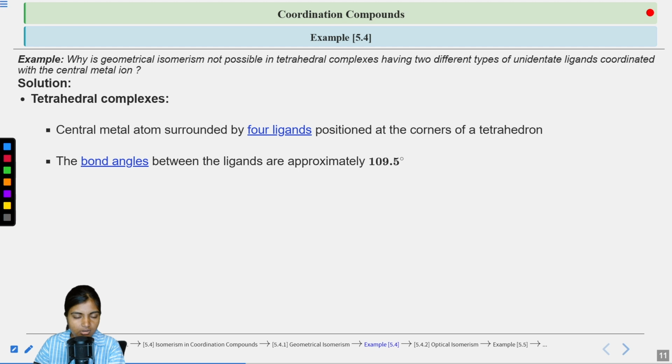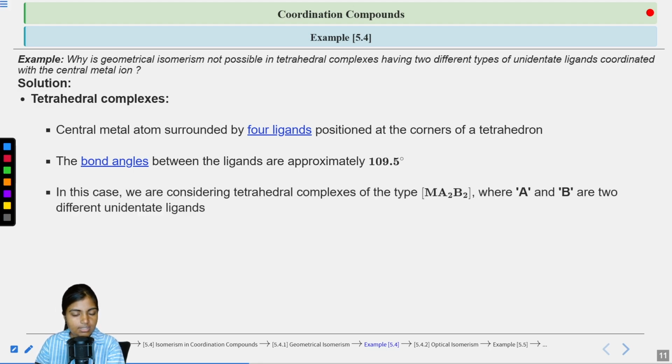The bond angle between two ligands, that is ligand-central metal-ligand, is approximately 109.5 degrees. Now in this case we are considering tetrahedral complexes of the type Ma2B2, where different types of unidentate ligands are present. So here A and B are two different unidentate ligands.